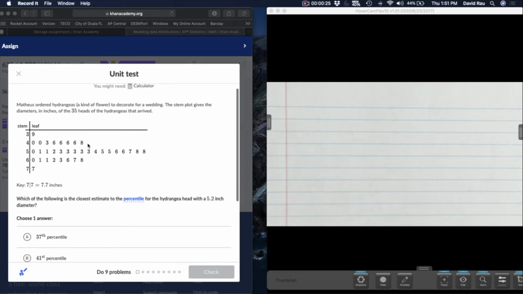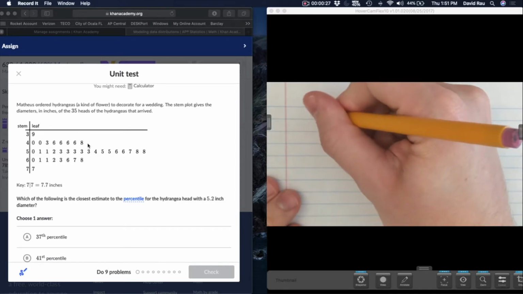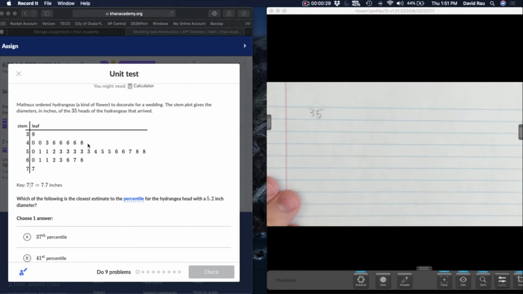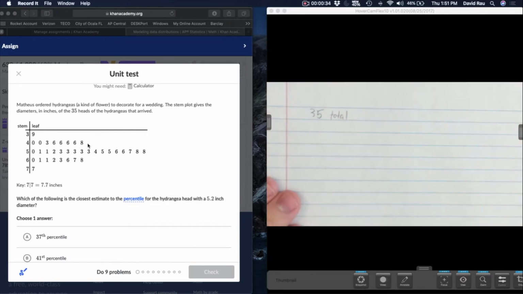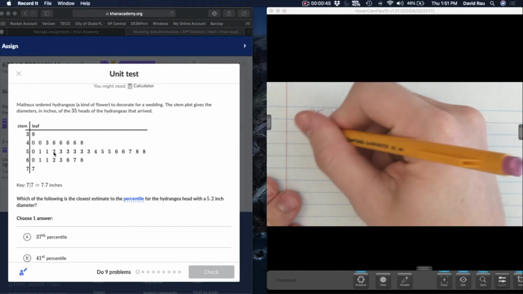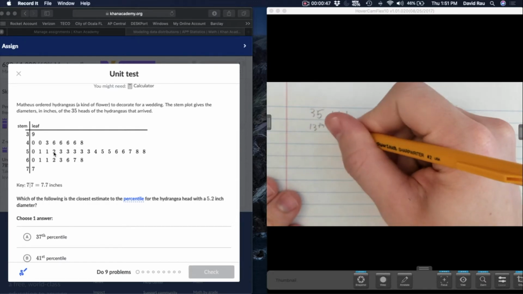The idea here is there are 35 total points, and 5.2 would be 1, 2, 3, 4, 5, 6, 7, 8, 9, 10, 11, 12, 13, the 13th value.